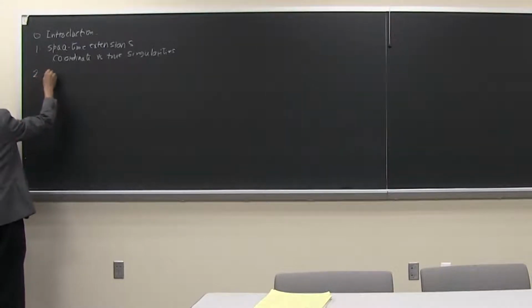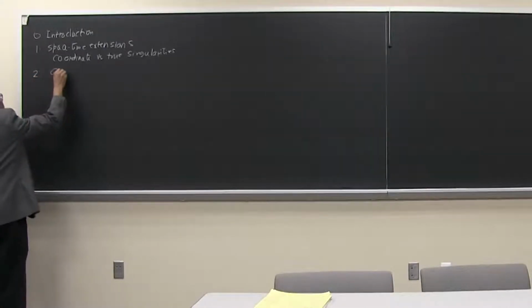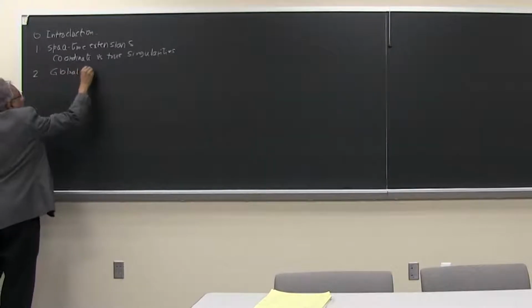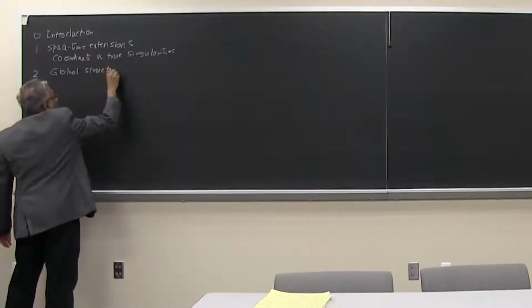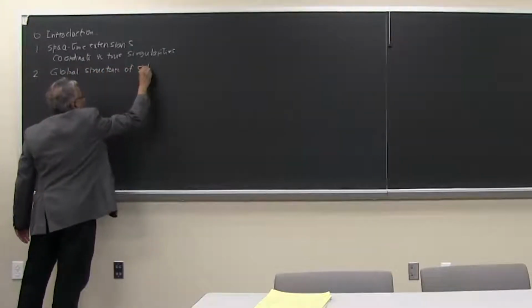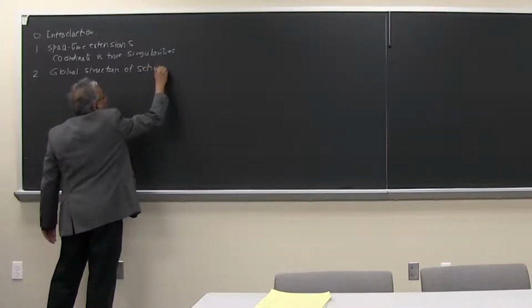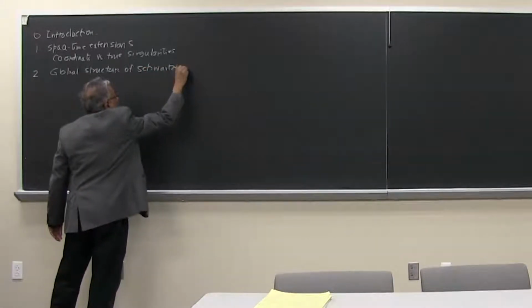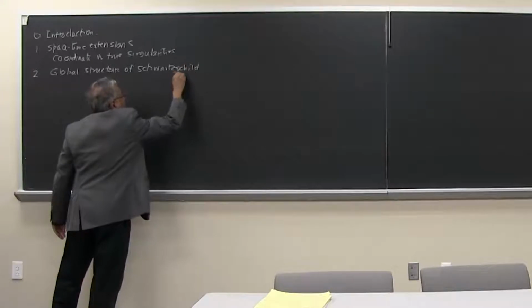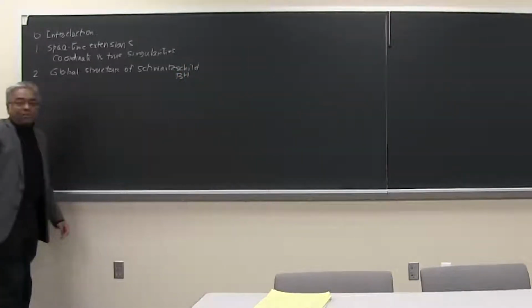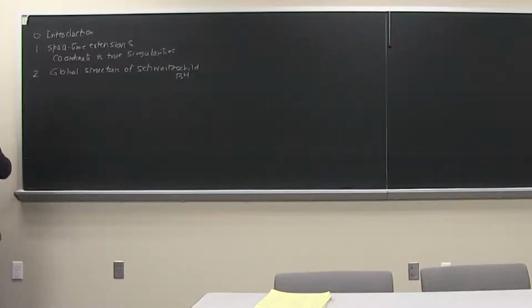Then last time we started with Schwarzschild, so global structure of Schwarzschild. And the basic point here is that for a long time there was a confusion about whether r equal to 2m is a singularity or not, and we found that it is actually just a coordinate singularity.